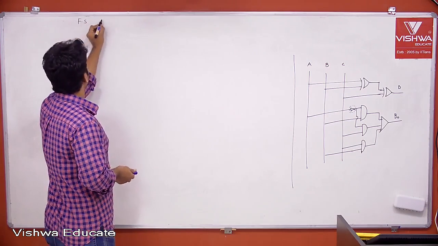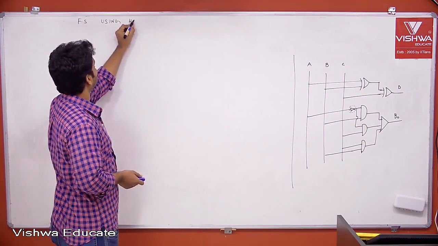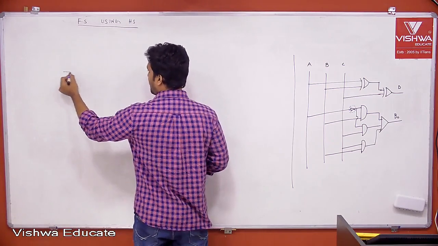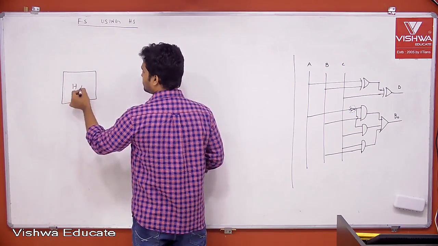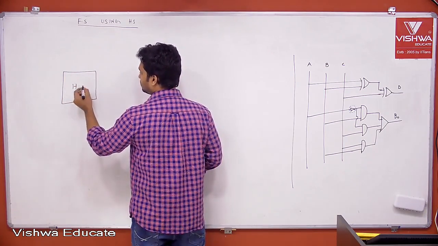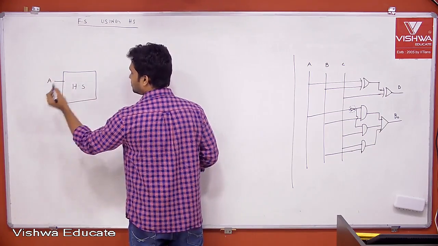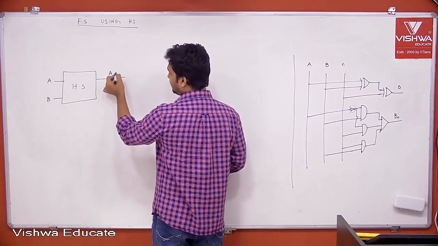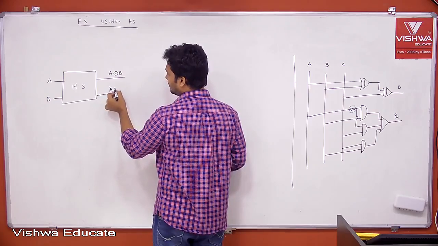Full subtractor using half subtractors. So take one half subtractor. A and B are the inputs. Okay. So here what will I get? A XOR B, A bar B.